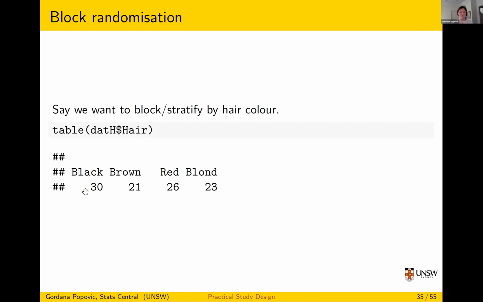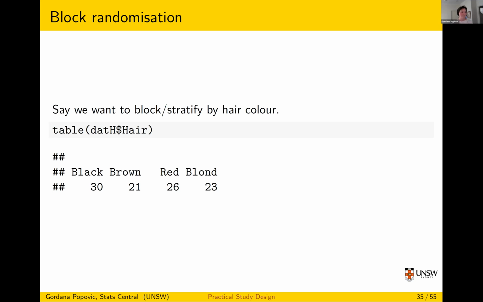There are 30 people with black hair, 21 with brown hair, and 26 and 23 with the other hair colors. So the treatment we're going to do is to give them peroxide for their hair.